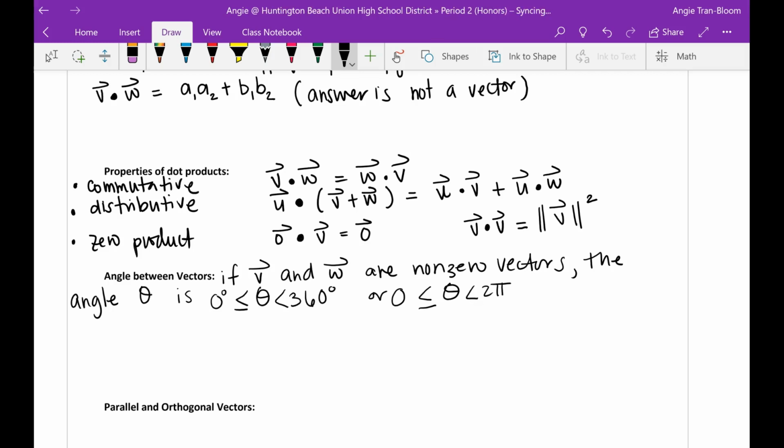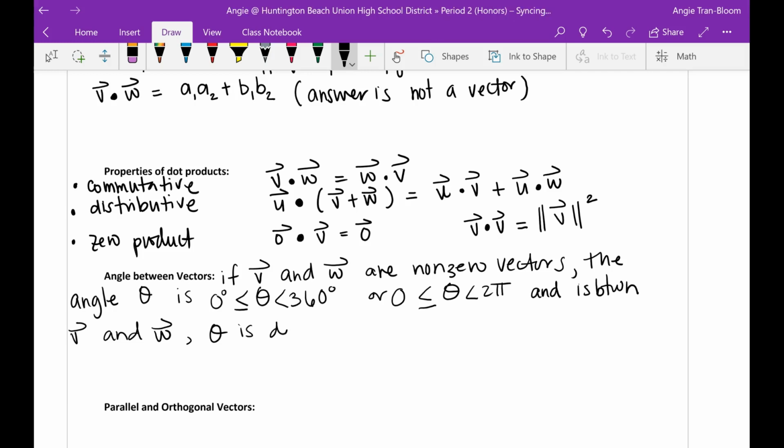So theta is restricted to one positive revolution, and is between vector v and vector w.